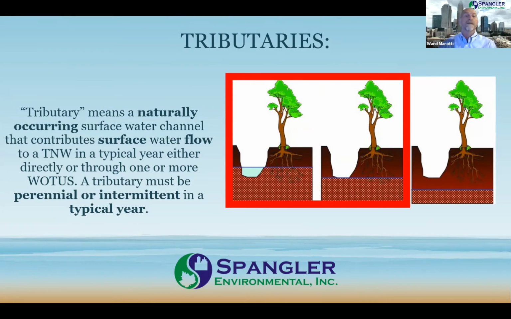What that depicts is that intermittent and perennial channels are in contact with groundwater, with the water table, for at least part of the year. And ephemeral channels have flow only in response to storm events directly. They are never or very rarely in connection with the groundwater.